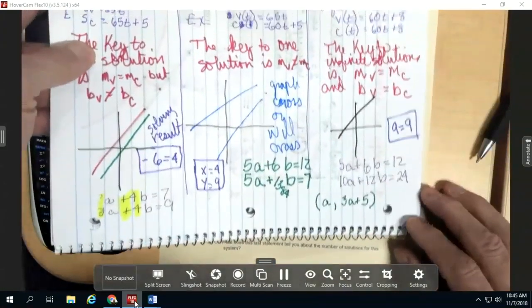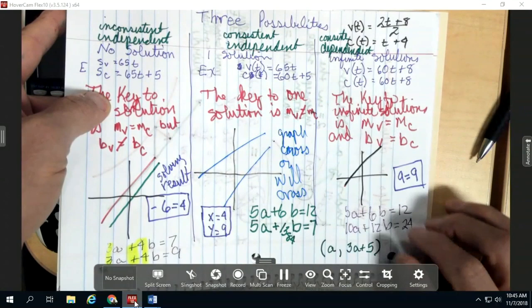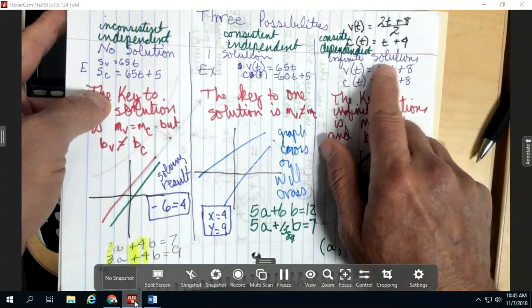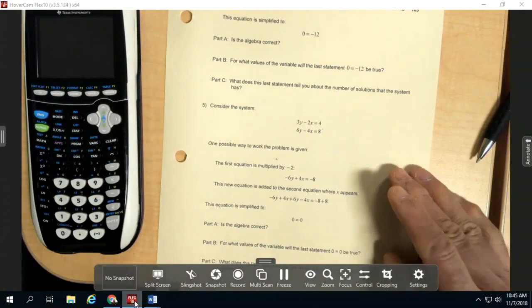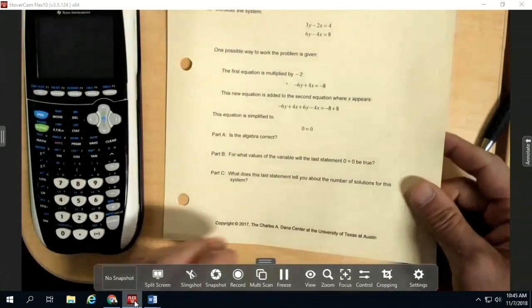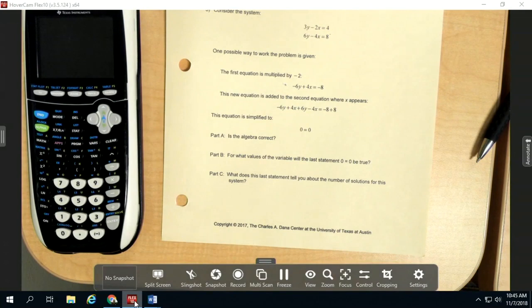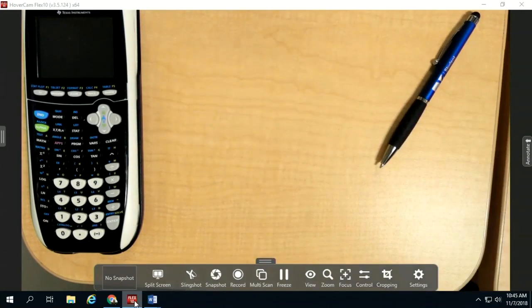What kind of situation do they have? Infinite number of solutions. Okay. Next, page 111.